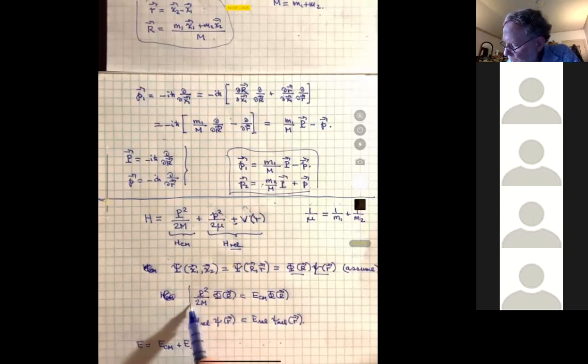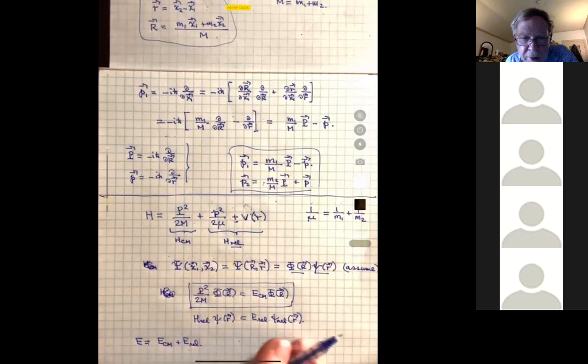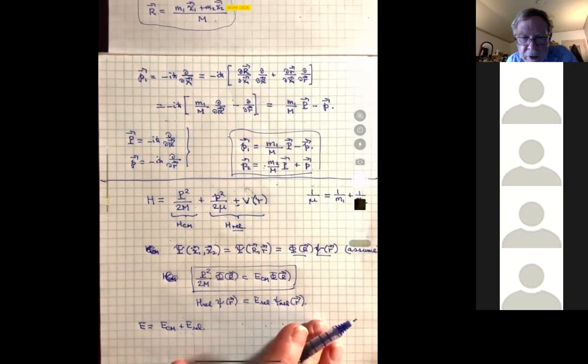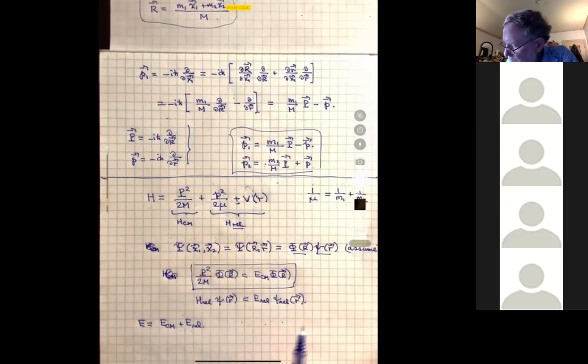The center of mass Schrodinger equation is trivial because it's just a free particle. Again, this corresponds to what happens in classical mechanics for the time evolution of the center of mass. And so solutions are easy to write down: capital phi of the center of mass coordinate is just given by a plane wave, e to the i P dot R divided by h bar, like this.